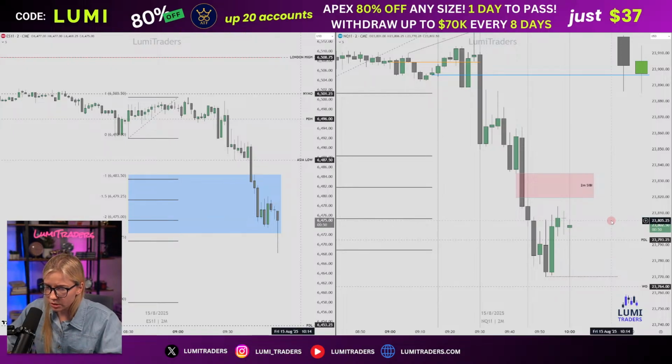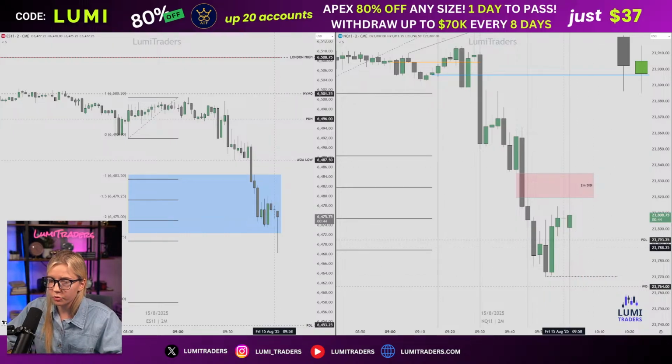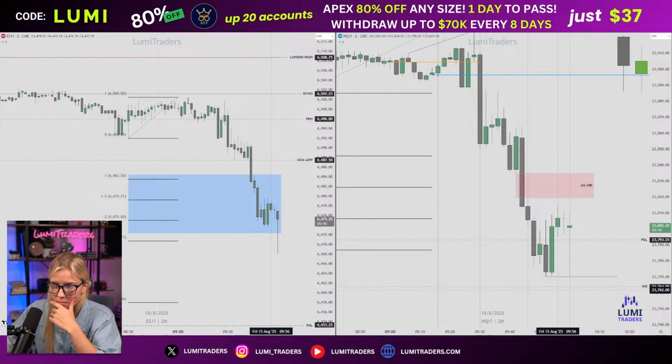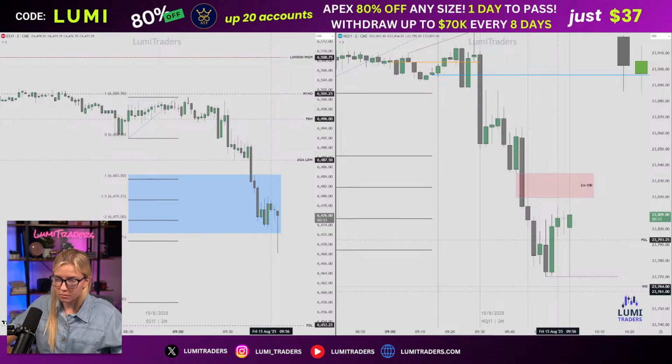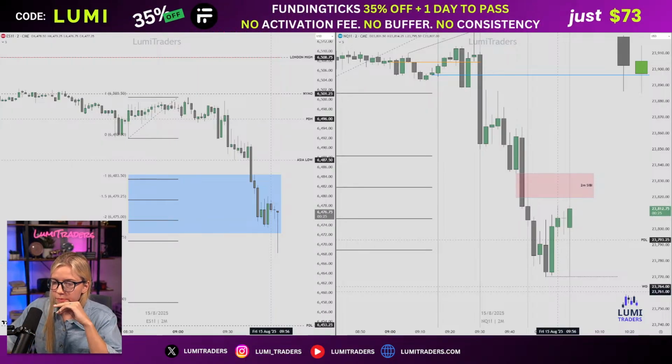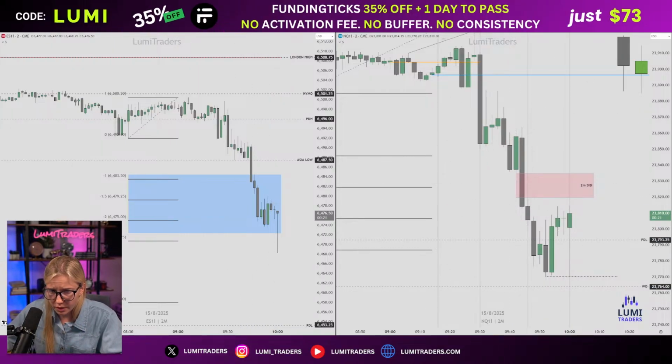I don't see empty model just yet. MNQ took this low. Okay, let me check. I see this. Yeah, you're right. Interesting to see.